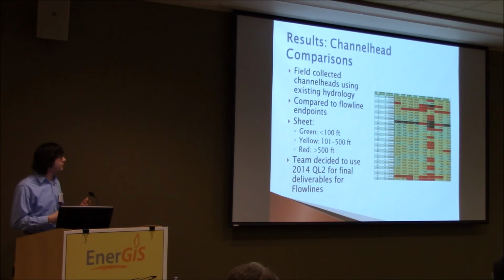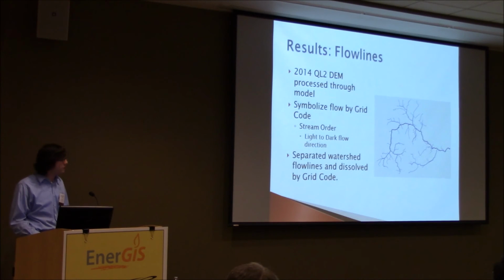So we determined from just doing the near calculations, and we wanted to gear towards the 2014 data already because of the updated imagery. So we decided to use just the 2014 provided data with incremental break lines. For the results from using this 2014 data, we wanted to symbolize it by the grid code.